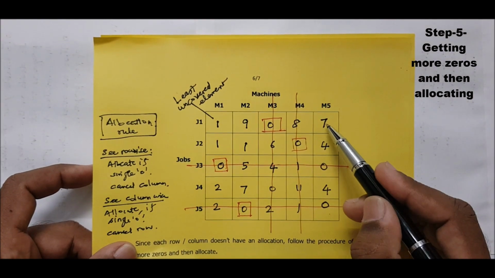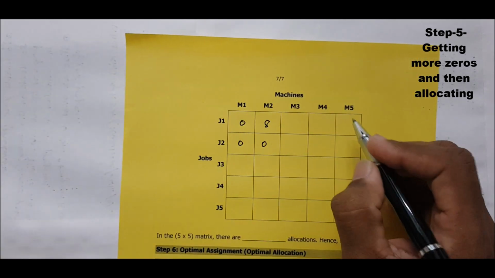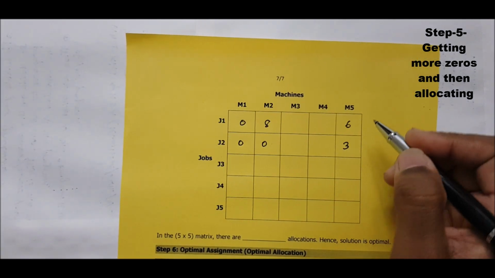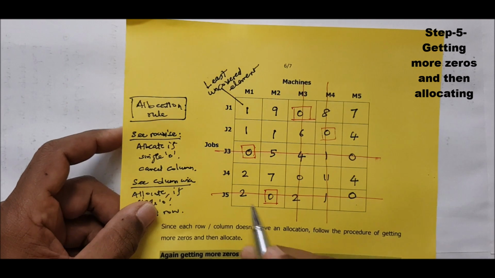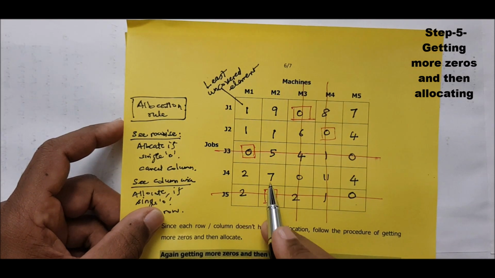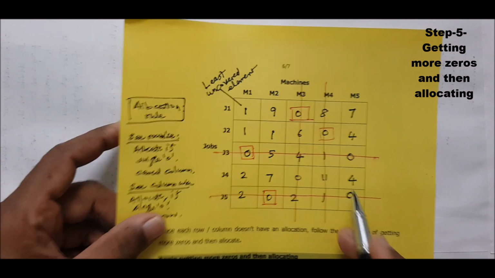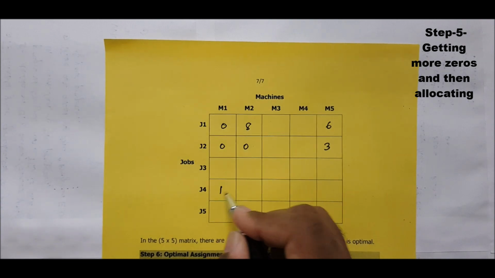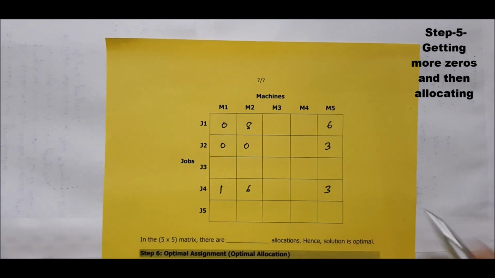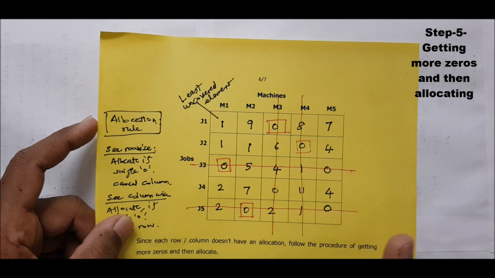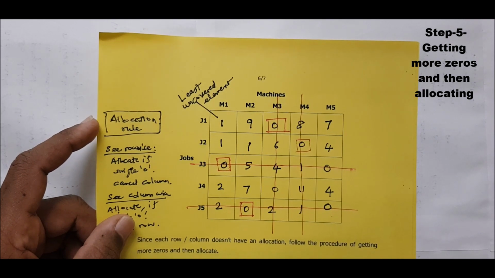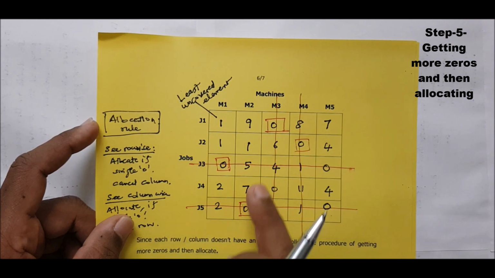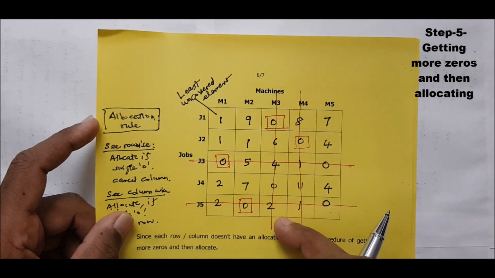This becomes 6 and 3. Then this becomes 1, 6, 3. And there are no more uncovered elements. Either it is a covered element or an element at intersection.